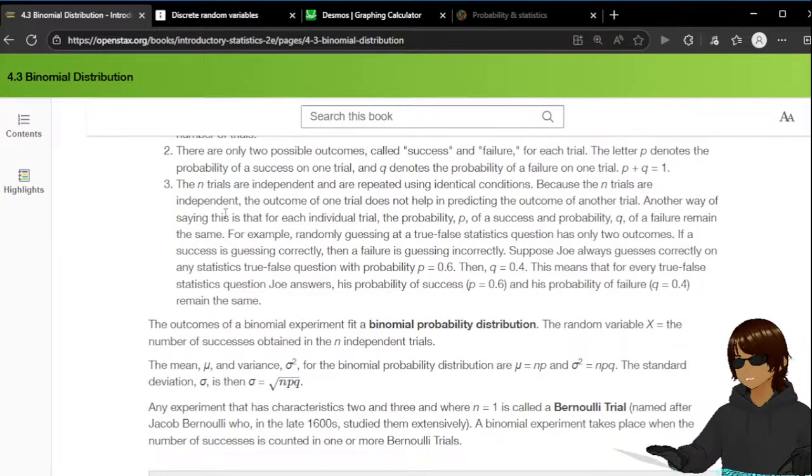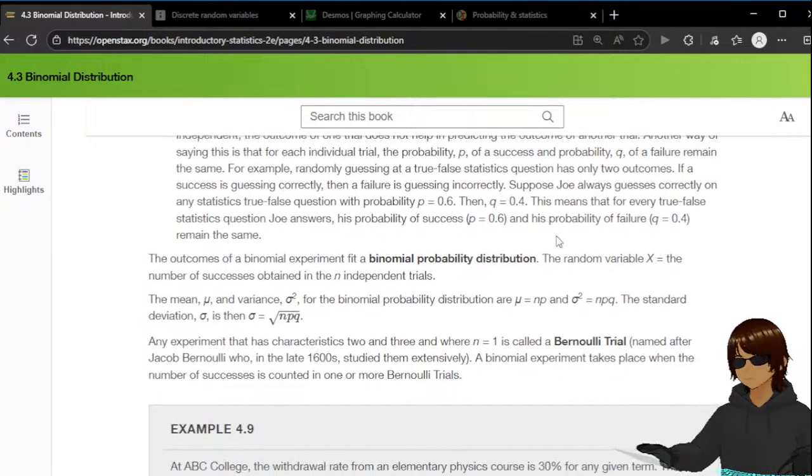Another way of saying this is that for each individual trial, the probability p of a success and the probability q of a failure remain the same. For example, randomly guessing at a true or false statistics question has only two outcomes. The outcomes of a binomial experiment fit a binomial probability distribution. The random variable x is the number of successes obtained in the n independent trials.